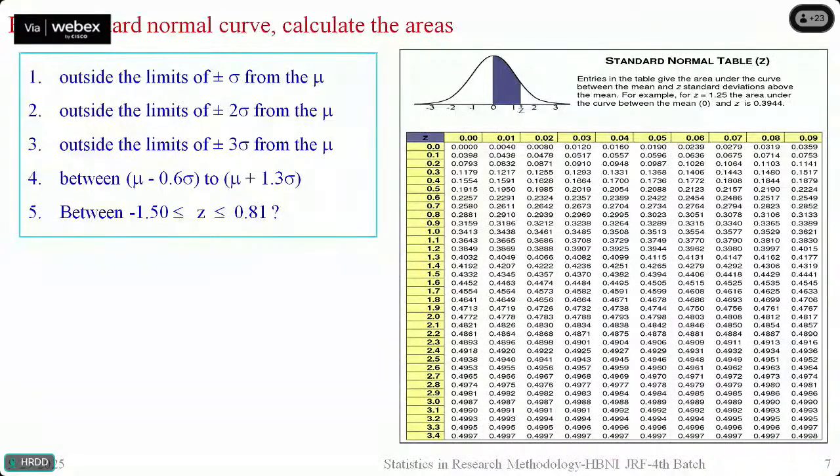So corresponding to Z equal to 1.00, what is the tabulated value that you have to measure? And since it is on either side, multiply with 2, then the total area is 1 minus the sum of this multiplied value.